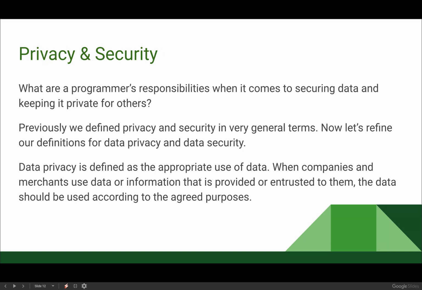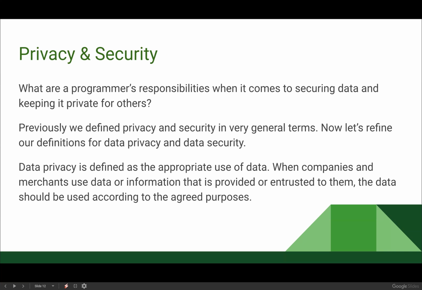Now, what are a programmer's responsibilities when it comes to securing data and keeping it private for others? Earlier in the lesson, we discussed what privacy and security are in more general terms. Let's talk about data privacy and data security. Data privacy is defined as the appropriate use of data.